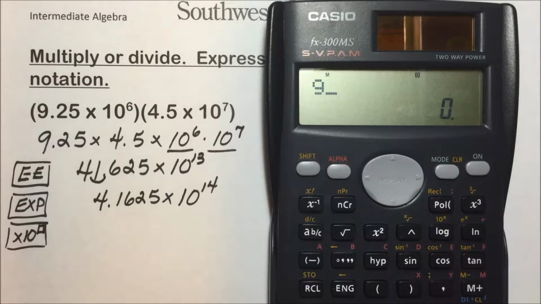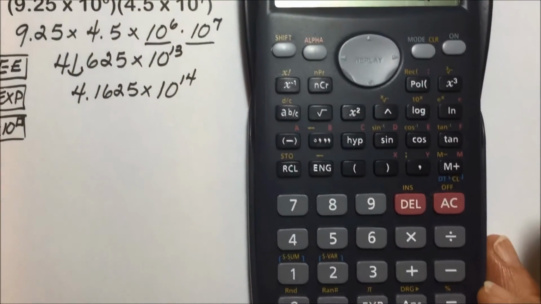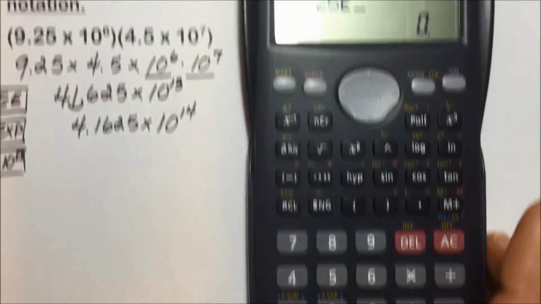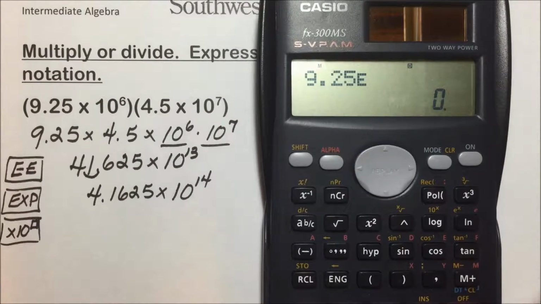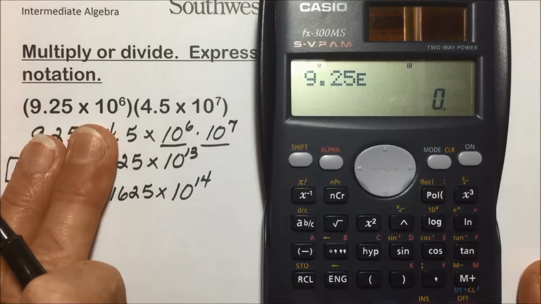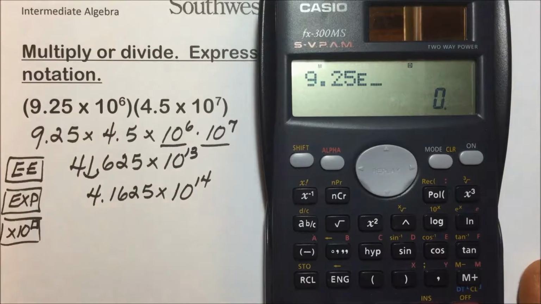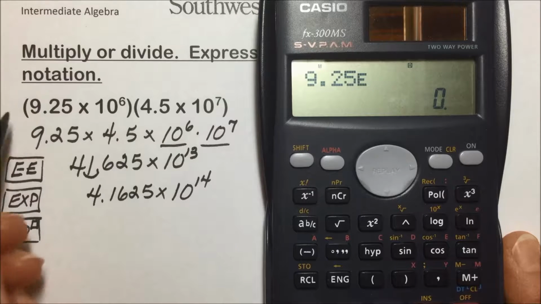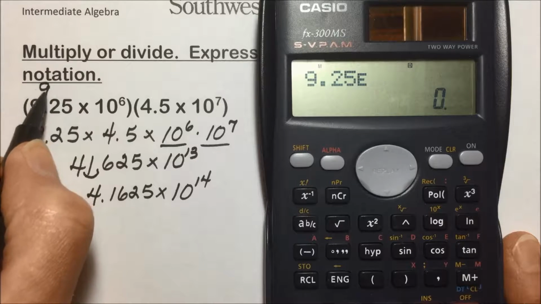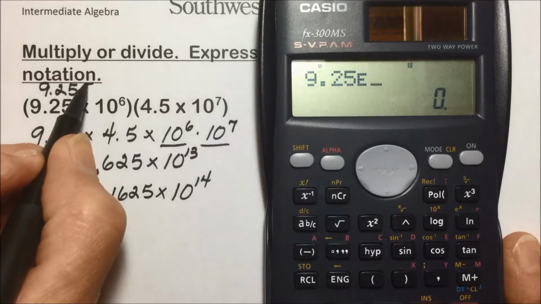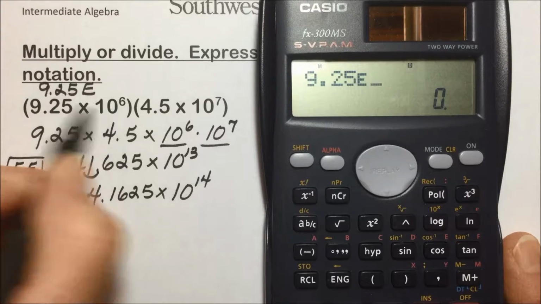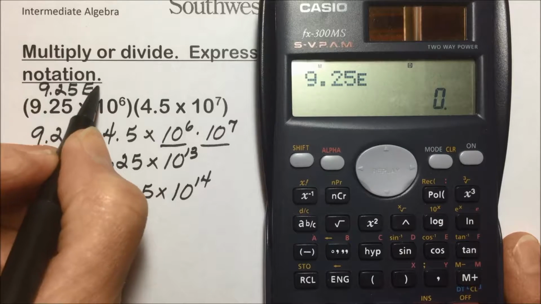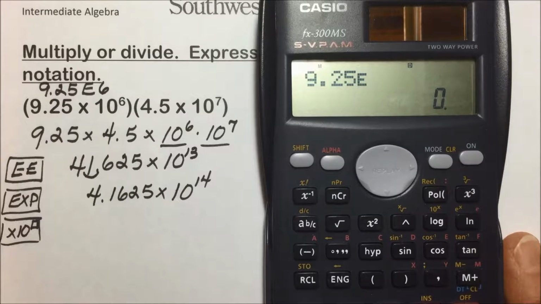So if I put 9.25, and now I'm tapping that EXP key at the bottom, what it does is it puts an E. This is scientific notation, and in the computer world we have something known as E form, and it's very similar to our scientific notation, where the E form would be 9.25 E6 as an equivalent, and that's what this calculator is essentially doing.